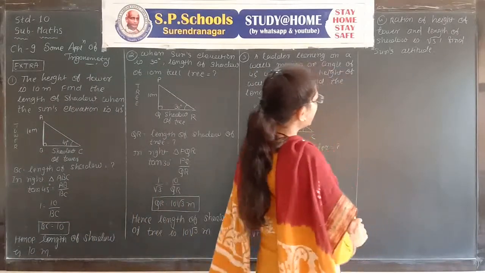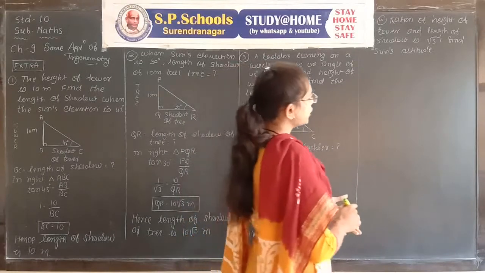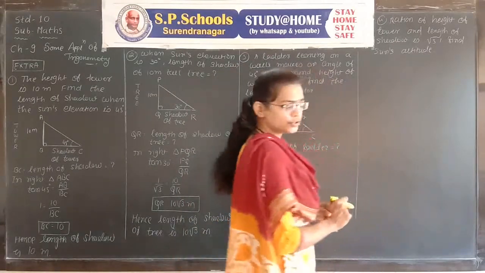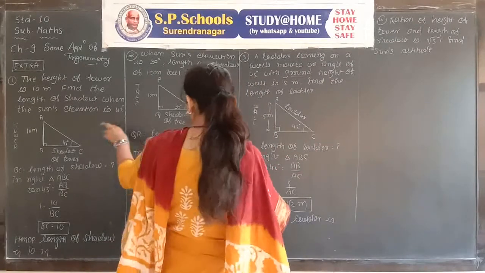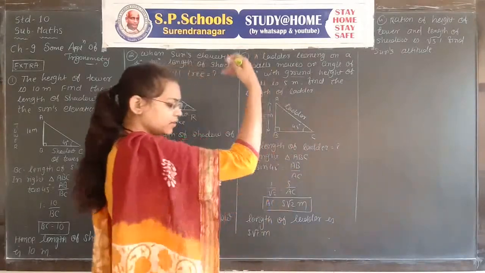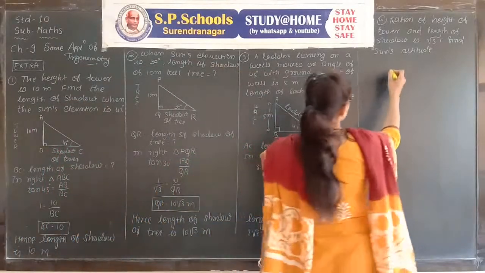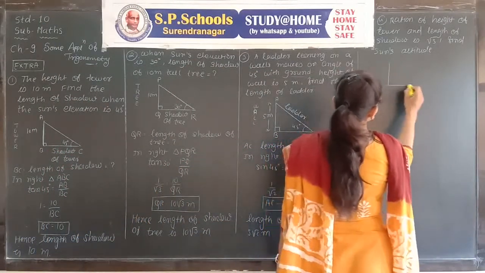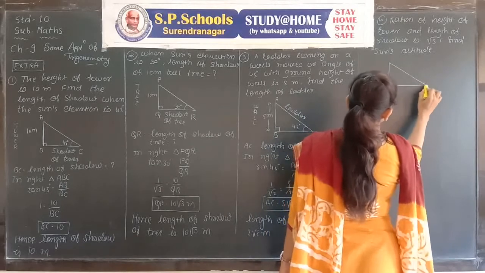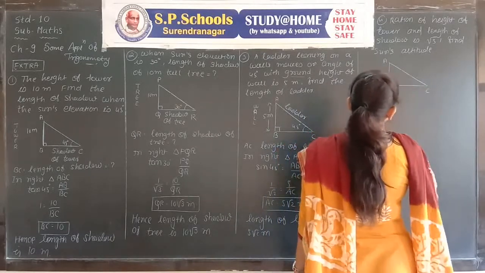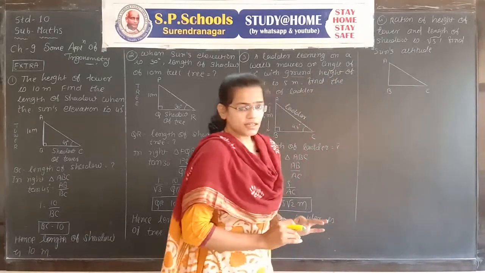Let's see the next, fourth number. The ratio of height of tower and length of shadow is root 3 : 1. Find the sun's altitude. The sun's altitude means the angle made by the line of sight with the ground level. First draw a figure. Suppose here A, B, C. Where is the sun's altitude?